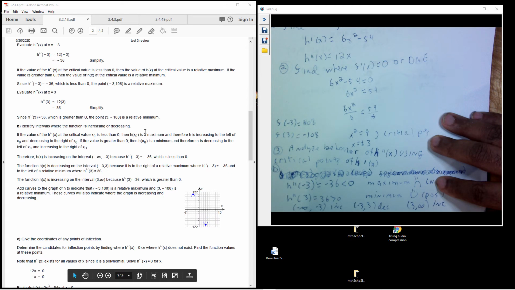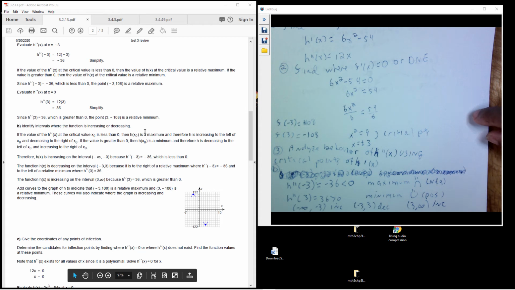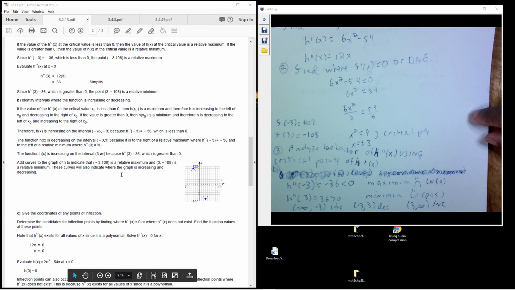On one side it's going to be increasing, and the other side of negative 3 is going to be decreasing. And then from 3 to positive infinity is going to be increasing again. So that tells us a little bit more.